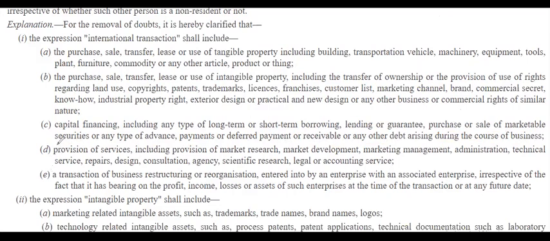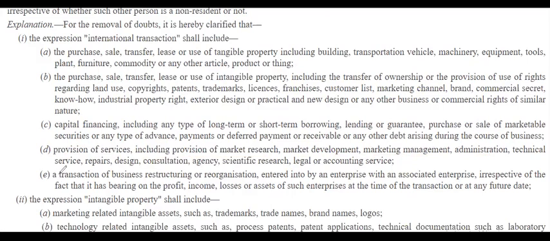International transaction includes provision of service, including provision for market research, market development, market management, administration, technical service, repair, design, consultation, agency, scientific research, legal or accounting service.